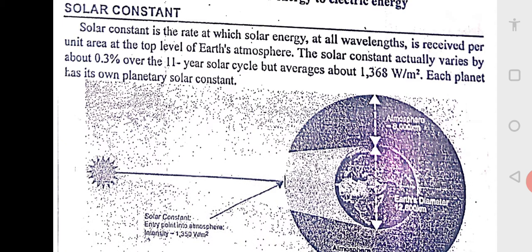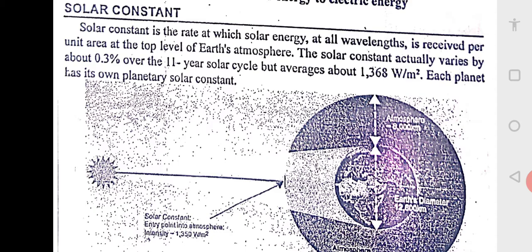Now you can see what the solar constant is. Solar constant means the rate at which solar energy, that is ultraviolet, visible as well as IR, all wavelengths, is received per unit area at the top level of the Earth's atmosphere. Above the atmosphere, when the sunlight is coming, there is no air.